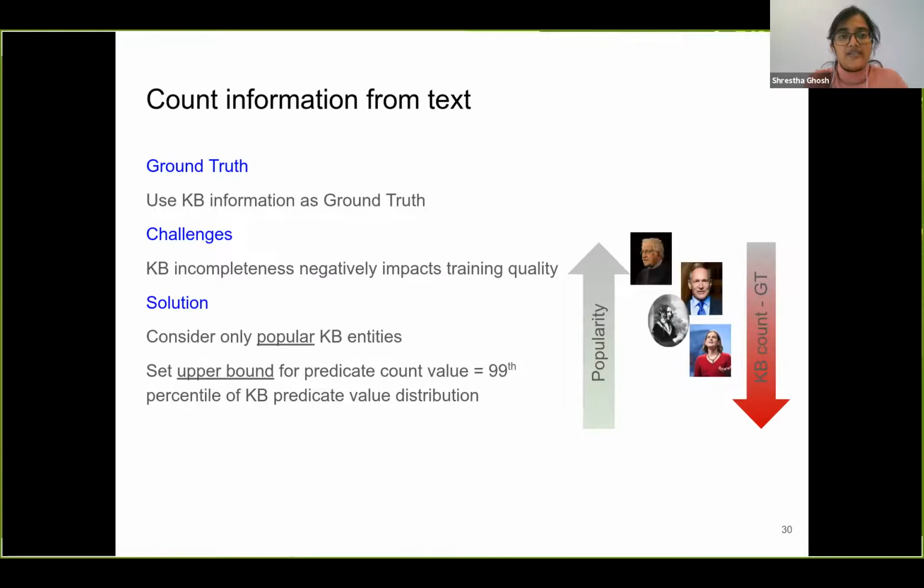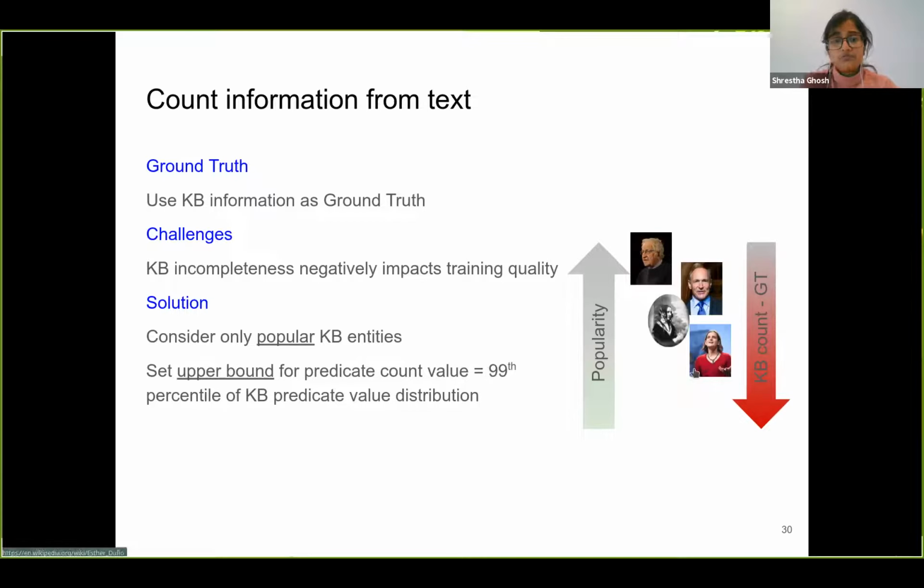And how do we get the ground truths? So we can rely on the knowledge base for the ground truth. However, we cannot take all of them at face value because of inherent incompleteness in the knowledge base, which might in turn impact the training quality. So the idea is to go after the popular entities and set an upper bound as we discussed.